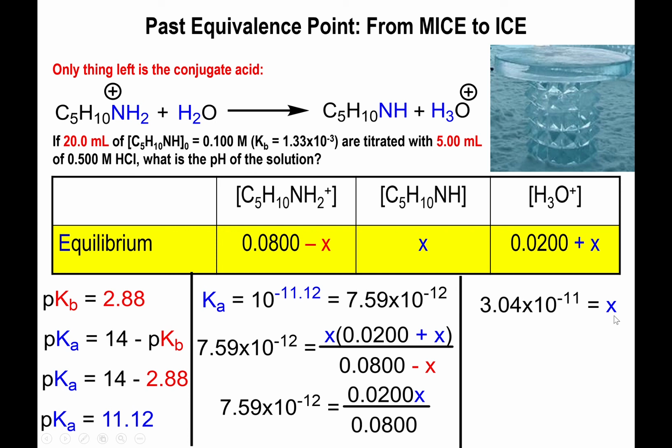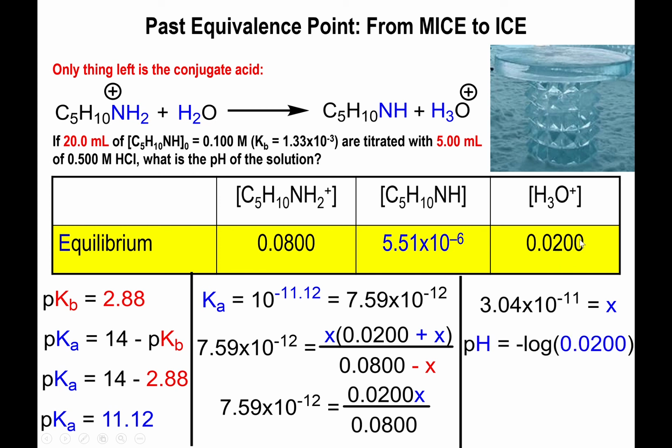And don't make the mistake of just taking the negative log of that. Look back at your ICE table and realize that the hydronium concentration is actually 0.02 plus x. And needless to say, 10 to the negative 11 is so much smaller than 0.02 that technically speaking, the hydronium concentration is just 0.02. So if you just take the negative log of the excess concentration of hydronium, and just that, you will automatically get the pH of the solution.